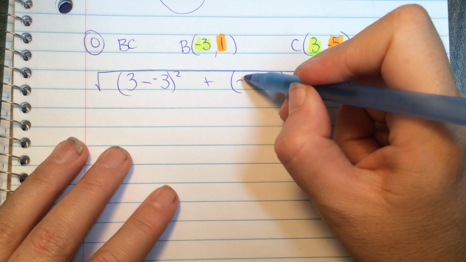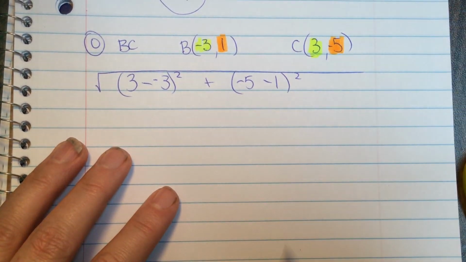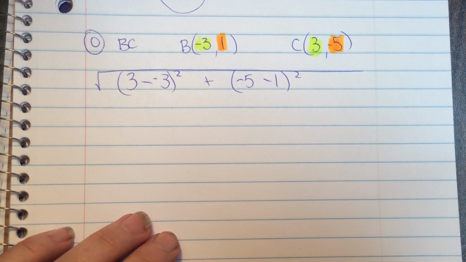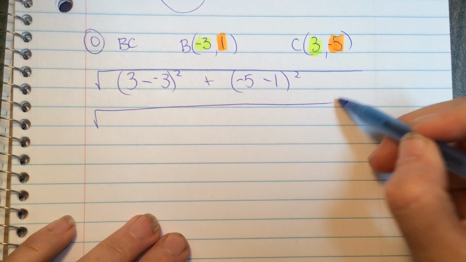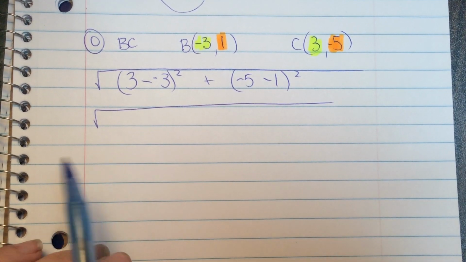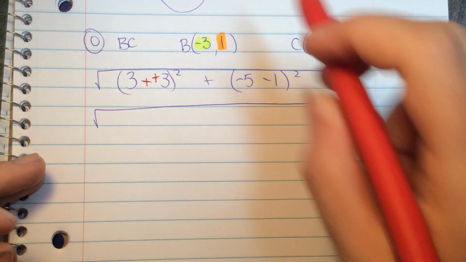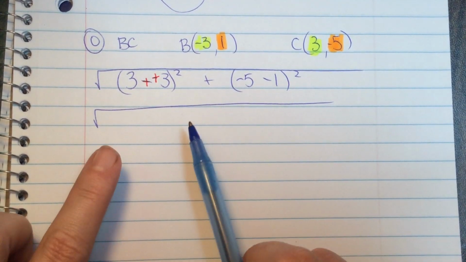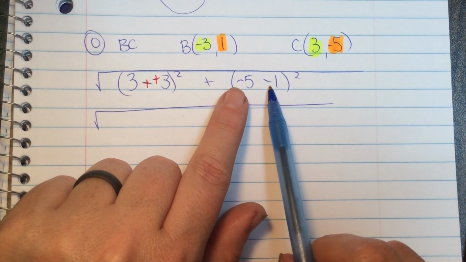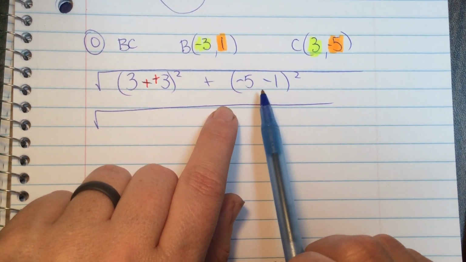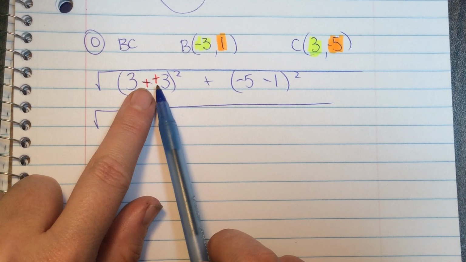Then I got -5 minus 1. And that's that. All I gotta do now is just keep plugging and chugging. Don't forget that 2 negatives make a positive. Now notice that I have 2 negatives over here, but they're not side by side, so I can't change that. This is going to stay the way it is. Only when they're back to back like this.